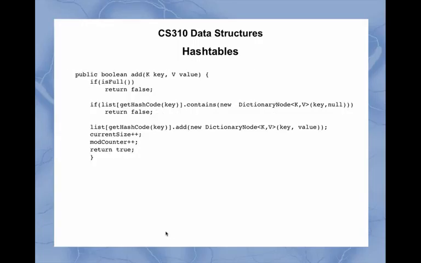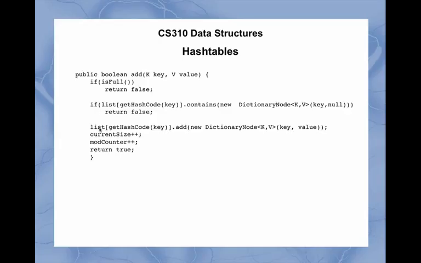So here's another example, a simple add method. First we have to make sure that the hash table is not full. If the hash table is full, you can't allow insertions beyond that point. Once you know that it's not full, then you have to check and see if you have a duplicate. You cannot insert duplicate keys. So we get the key, we look it up with the contains method, and if we get back null, then we know that it's a duplicate.